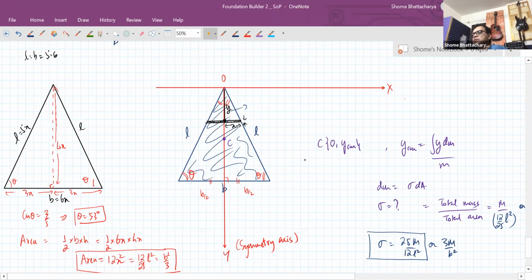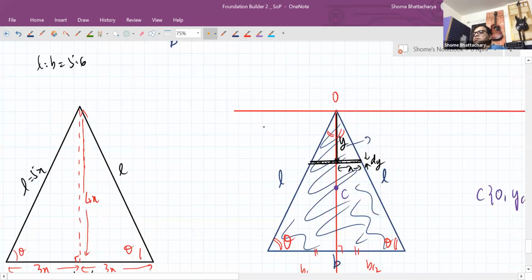So this will become our surface element, which is the length of the strip, which is 2x, into the thickness, which is dy. That is the next thing we are going to substitute in the integration.